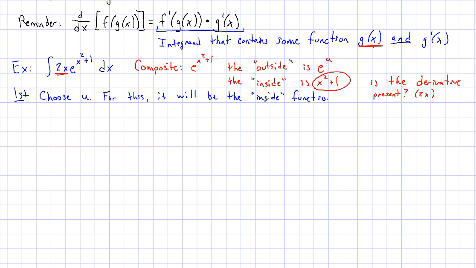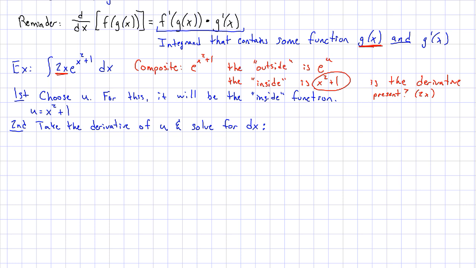When you have a composite function, it's the inside function that becomes u. So u is going to be x squared plus 1. The second thing I do is take the derivative of u and solve for dx.